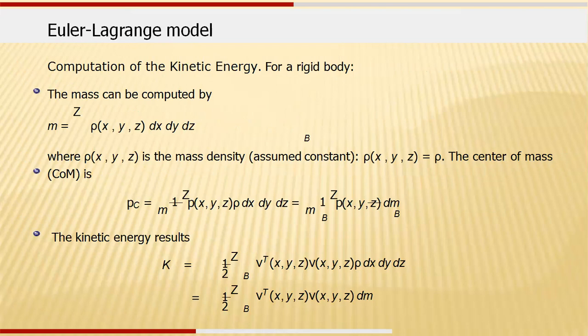In order to calculate the kinetic energy, we integrate over the volume the velocity V possessed with respect to the three-dimensional axes x comma y comma z, that is dx, dy and dz.